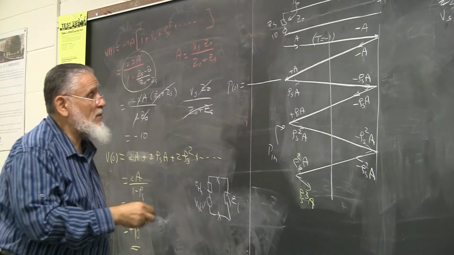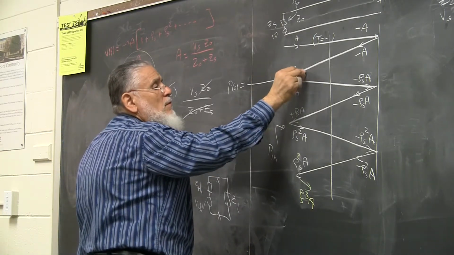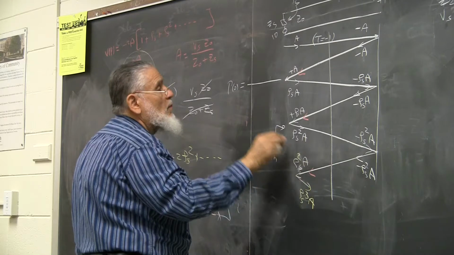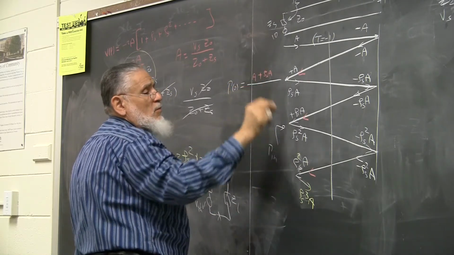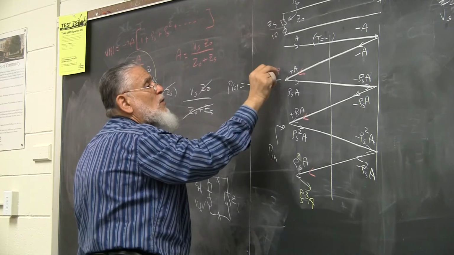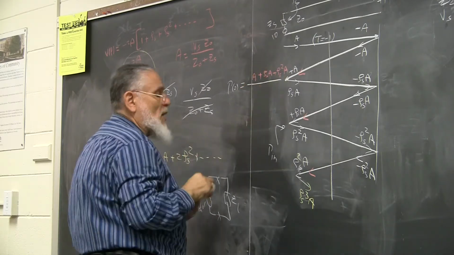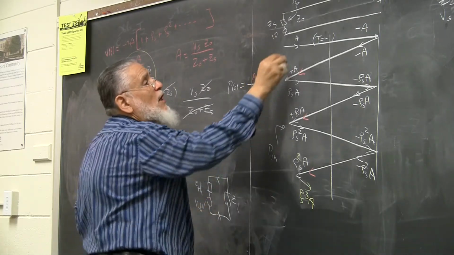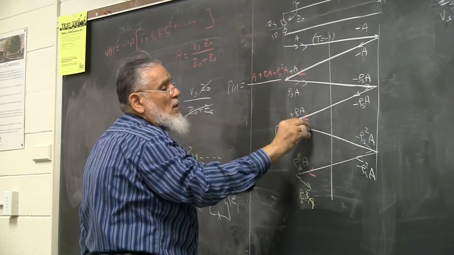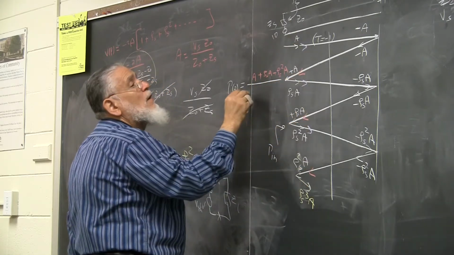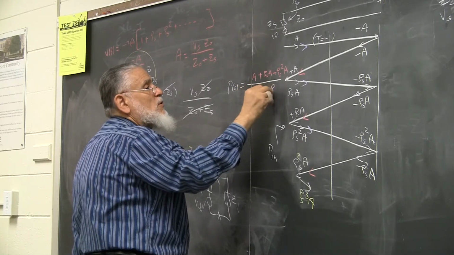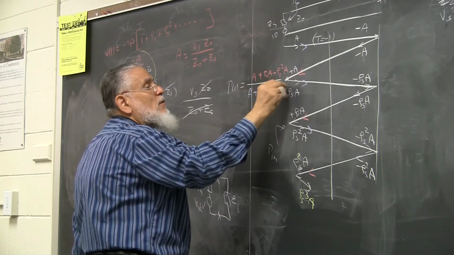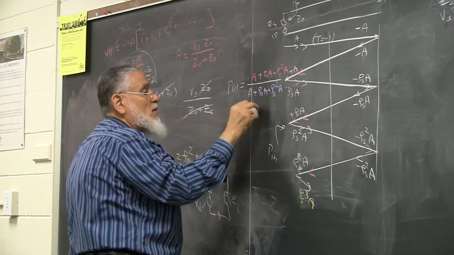Waves traveling to the left: A plus rho S A plus rho S squared A, divided by waves traveling to the right: A plus rho S A plus rho S squared A. Guess what?